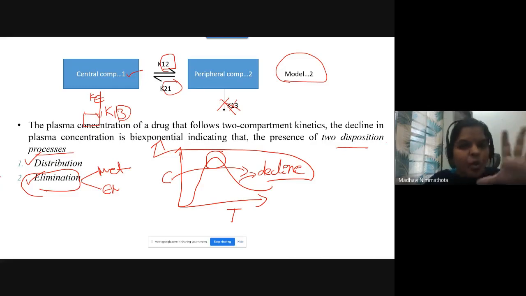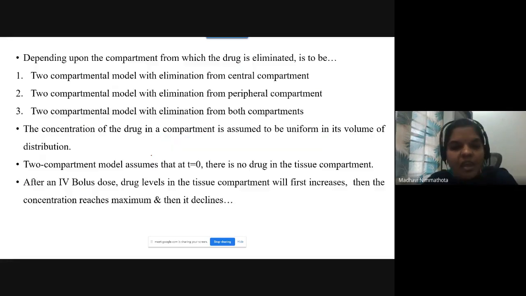See, only the elimination process is taking place through the central compartment. After attaining the peak plasma concentration, a decline of plasma drug concentration may be observed. This decline may be due to the two disposition processes, distribution and elimination. So here we are going to calculate the bi-exponential plasma drug concentrations, depending upon the compartment from which the drug is eliminated.